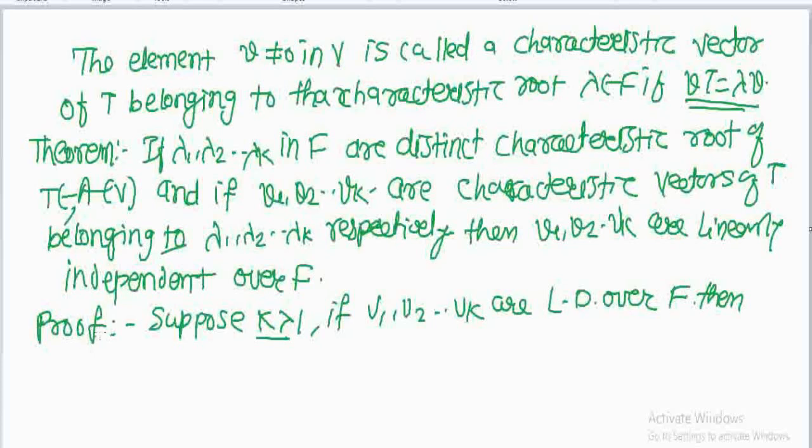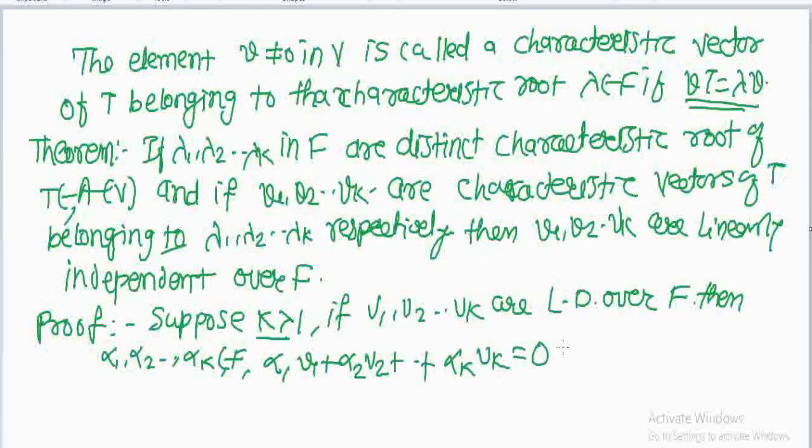Then we have scalars alpha 1, alpha 2, alpha k belonging to F such that alpha 1 V1 plus alpha 2 V2 plus alpha k Vk equals 0, where not all alpha i's are 0. Some of them may be 0, but not all.